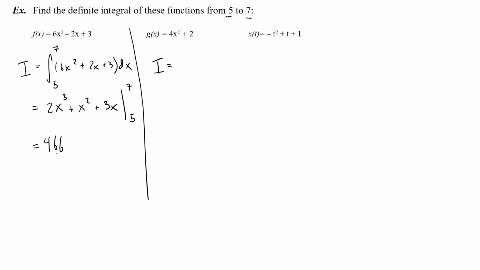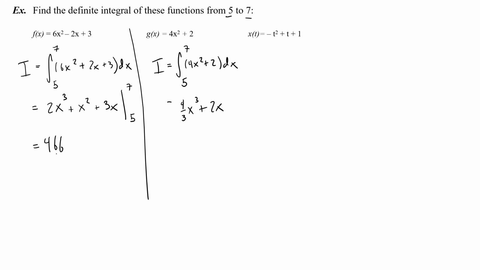The definite integral of 4x squared plus 2 with respect to x from 5 to 7. I take the antiderivative, so this is going to give me x cubed, 4 divided by 3, plus 2x.